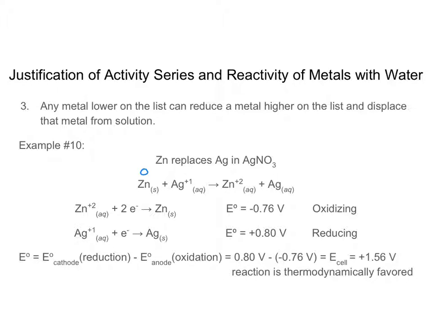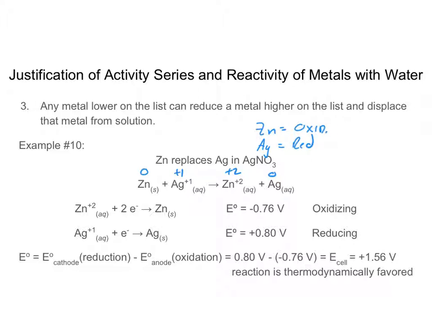So we have a 0 and a +2 and a +1 and a 0. So the zinc lost the 2 electrons, so that means it's oxidizing. And the silver gained electrons, so it's reducing.